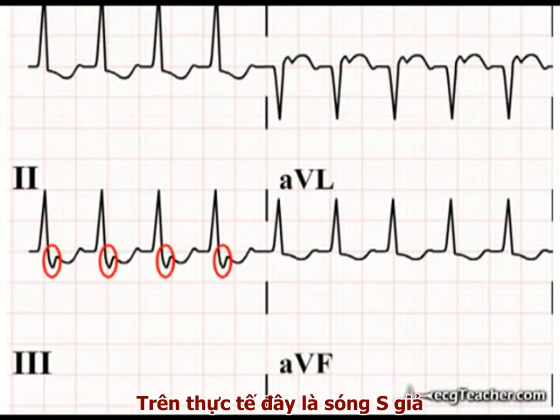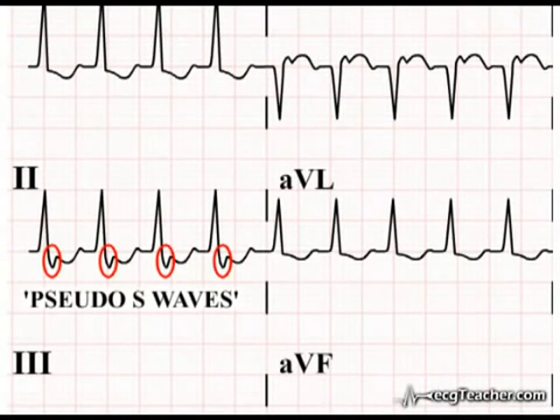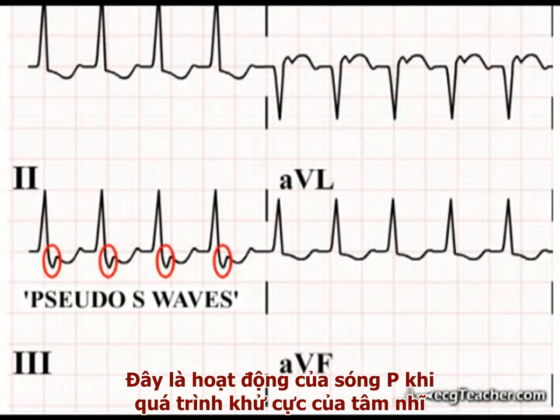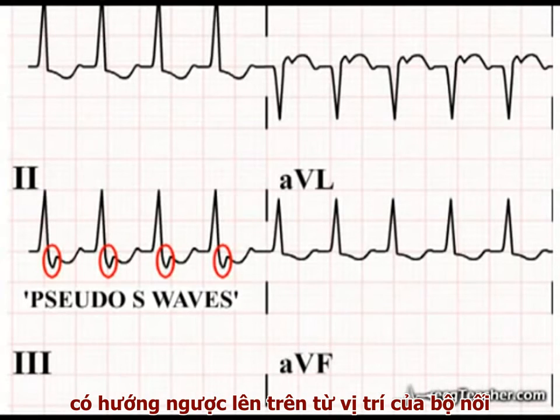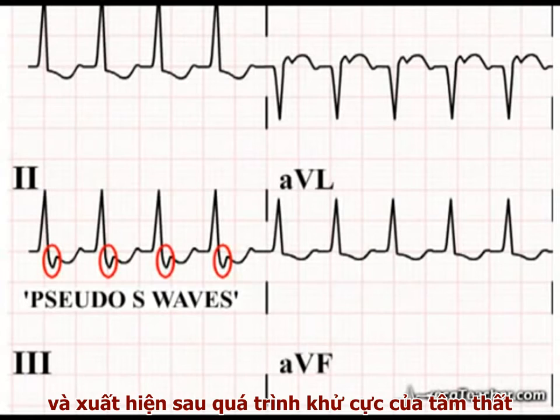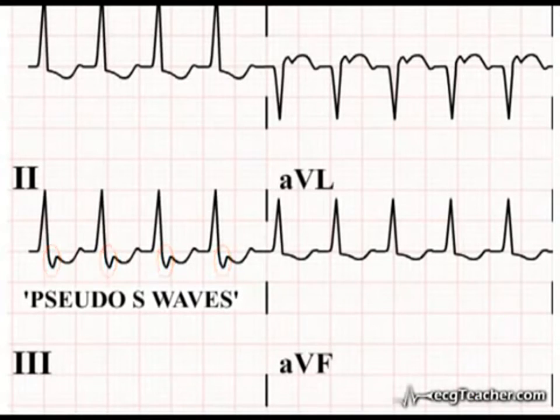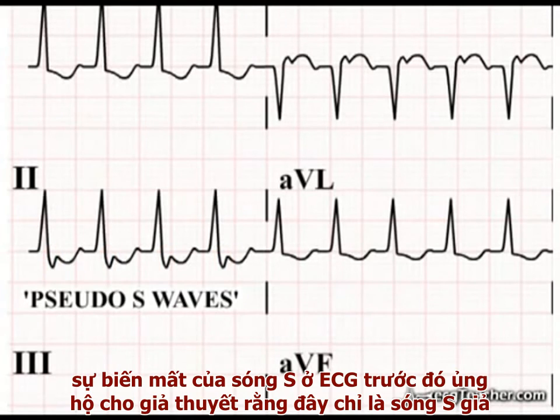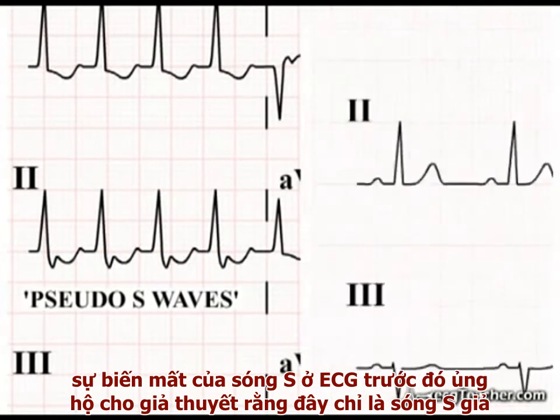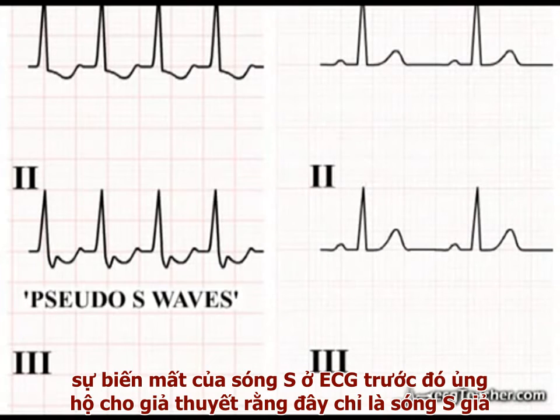In fact, these are pseudo S waves and represent P wave activity as atrial depolarization is spreading upwards from the junctional region and is occurring after ventricular depolarization. The complete absence of S-wave activity in lead 2 in the pre- and post-attack ECGs supports the contention that these are indeed pseudo S-waves.